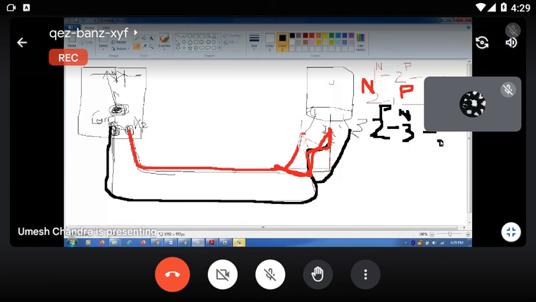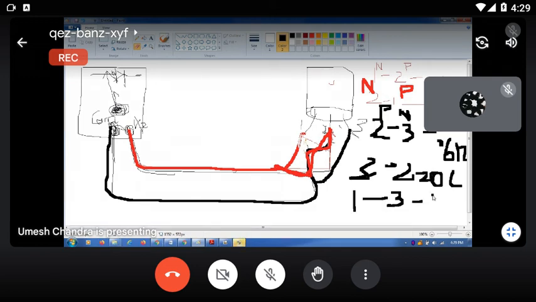Here you got some voltage, suppose 0.612 volt. Again reversely, 3 to 2, that is OL, and 1 to 3 is OL, and 3 to 1 is also OL.